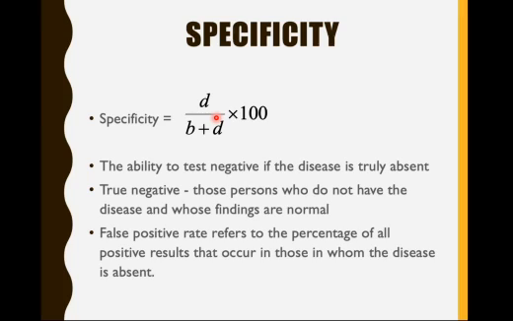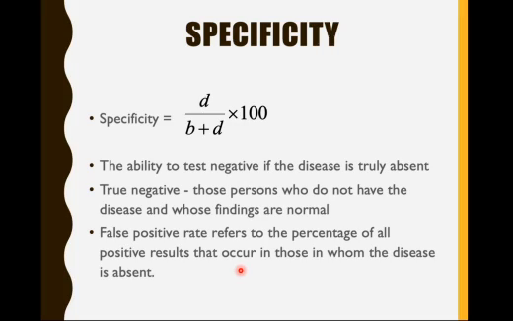Now, the true negative are people who do not have the disease and whose findings are normal, they are negative. Now, the false positive rate, on the other hand, refers to the percentage of positive results that occur in those in whom the disease is absent. Meaning, people who don't have the disease, they test positive.